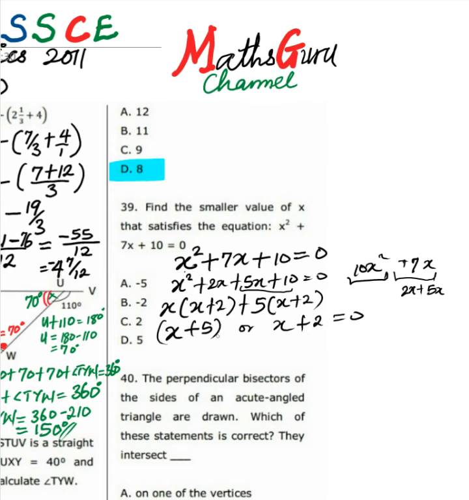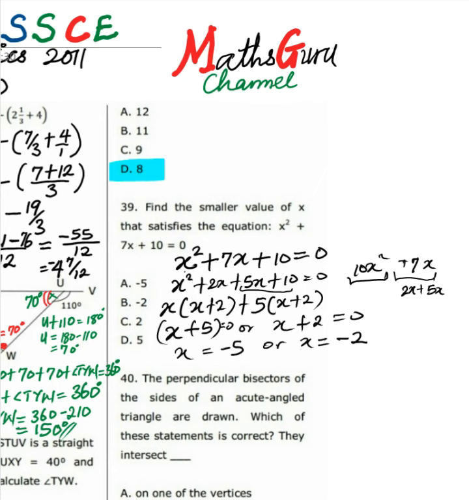So x will be equal to 0 minus 5, which is minus 5, or x will be equal to 0 minus 2, which will be minus 2.